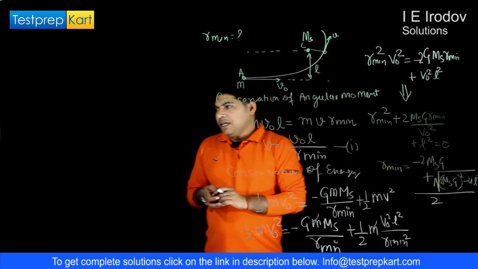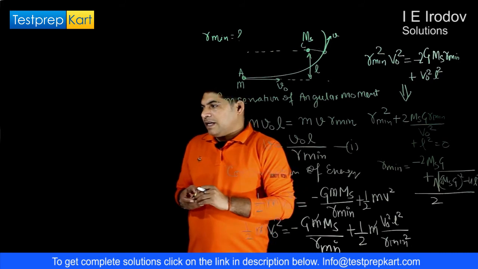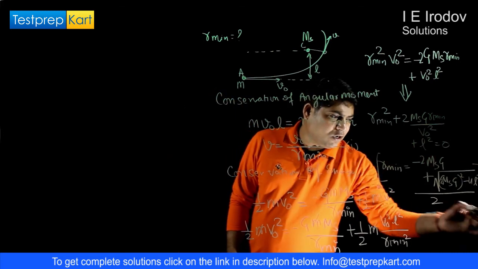Okay, so this is the minimum distance in terms of all these parameters. So this is the minimum distance of the object.